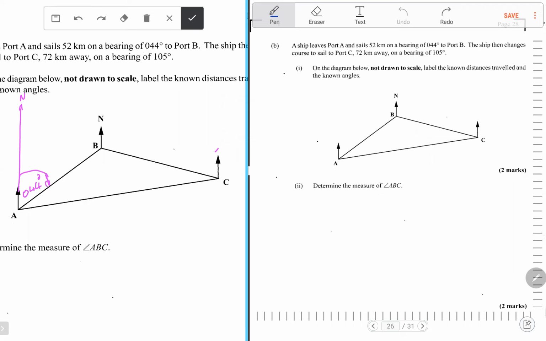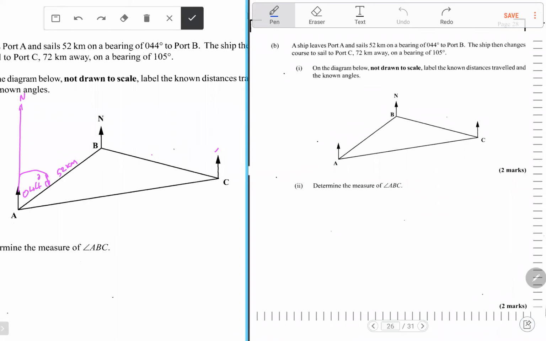And then we said the ship changes its course and sailed to port C. Oh, this was 52 kilometers, yes, 52 kilometers. Then it sailed 72 kilometers.